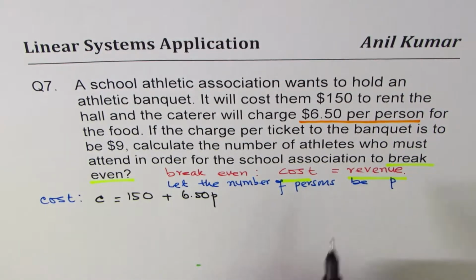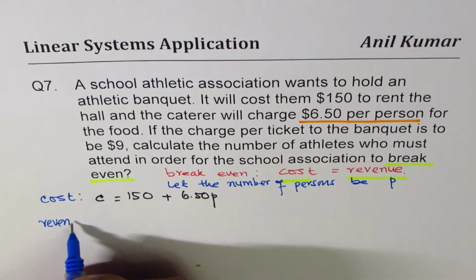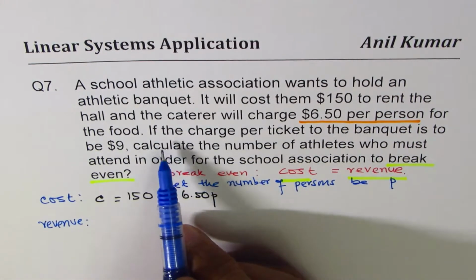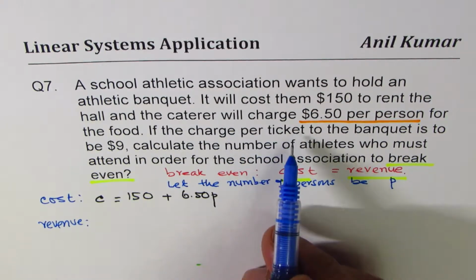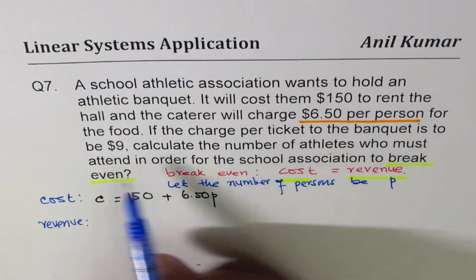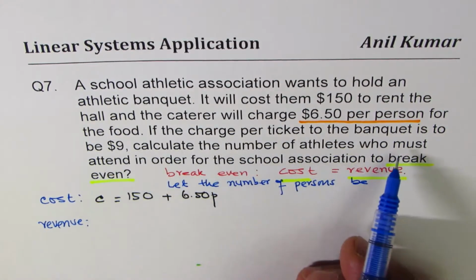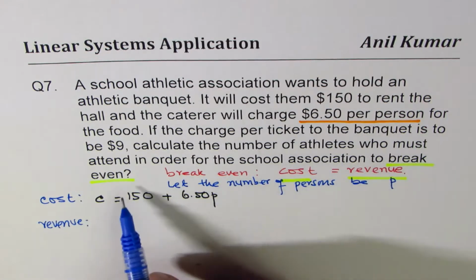Now what is revenue? Let's look into the revenue part. How do we generate money here? It says if the charge per ticket, so that tickets will generate revenue. If the charge per ticket to the banquet is to be $9, calculate number of athletes who must attend in order for the school association to break even.